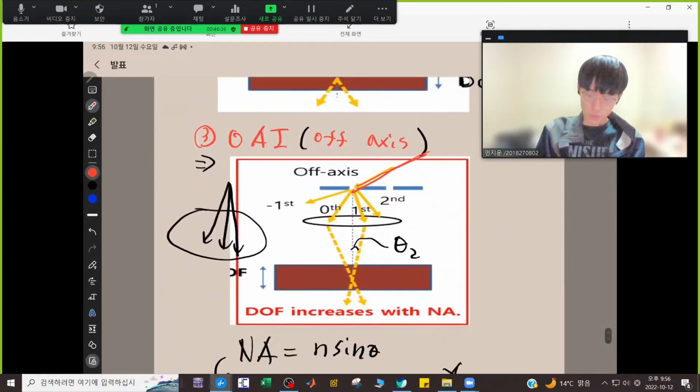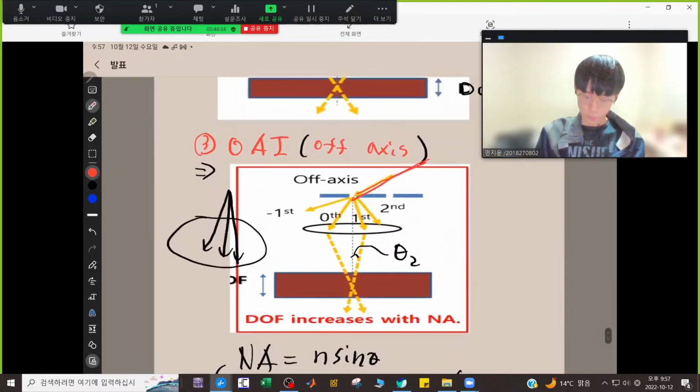This means we can project more waves, or more information, to the wafer. This also means we get a good nano patterning.